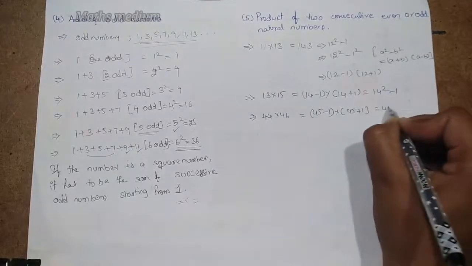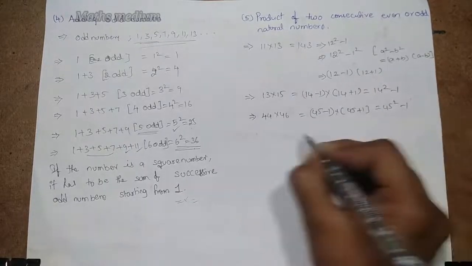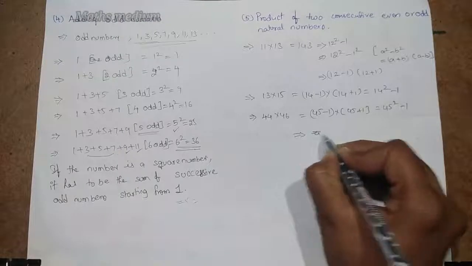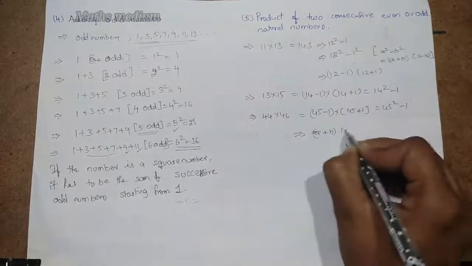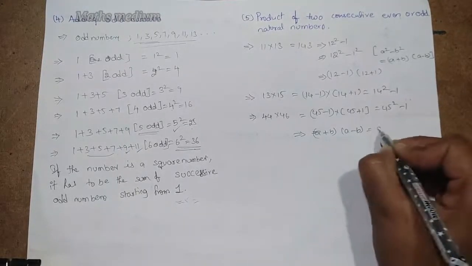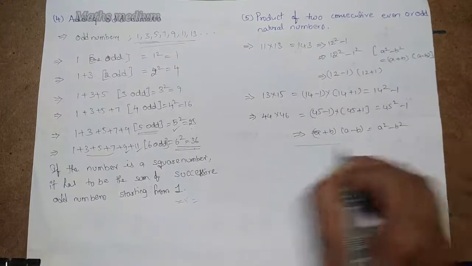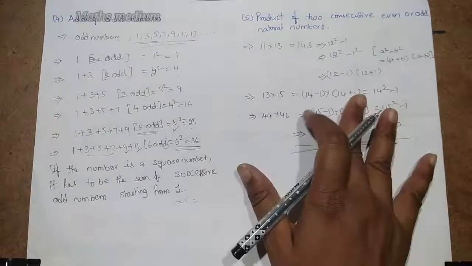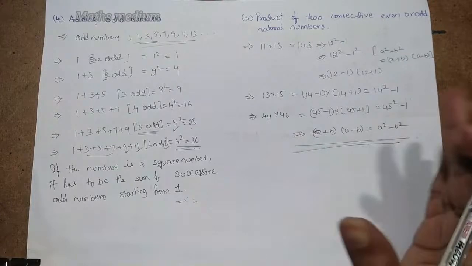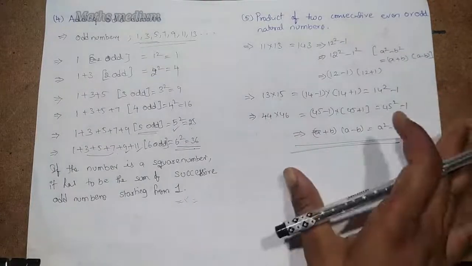It is 45 square minus 1. In general, we can say a plus b into a minus b is equal to a square minus b square. This is the form of the product of two consecutive even or odd natural numbers, to get a perfect square.